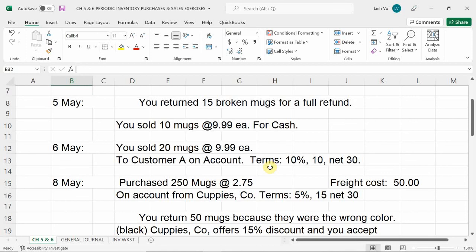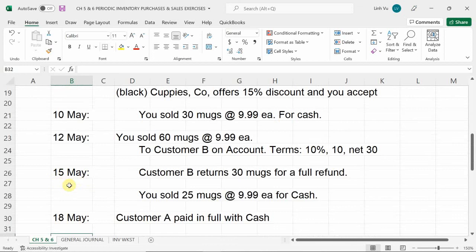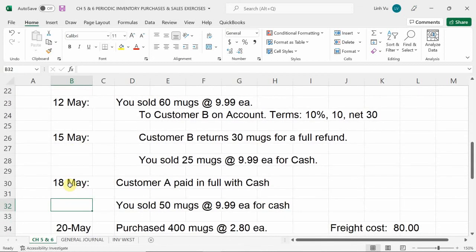So in this case, right, did customer A meet the discount period? If customer A pays on May 18. Yes.